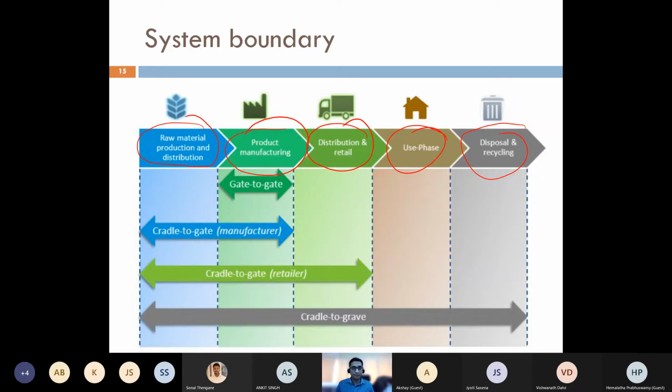And there are standard terms that have been coined. The first one is gate to gate. You start at the factory gate and end at the gate. A typical example for bioenergy systems would be the biomass arrives at the factory gate, you process it, produce maybe some biofuel, and at the end of the factory gate, you have the biofuel. So that's gate to gate.